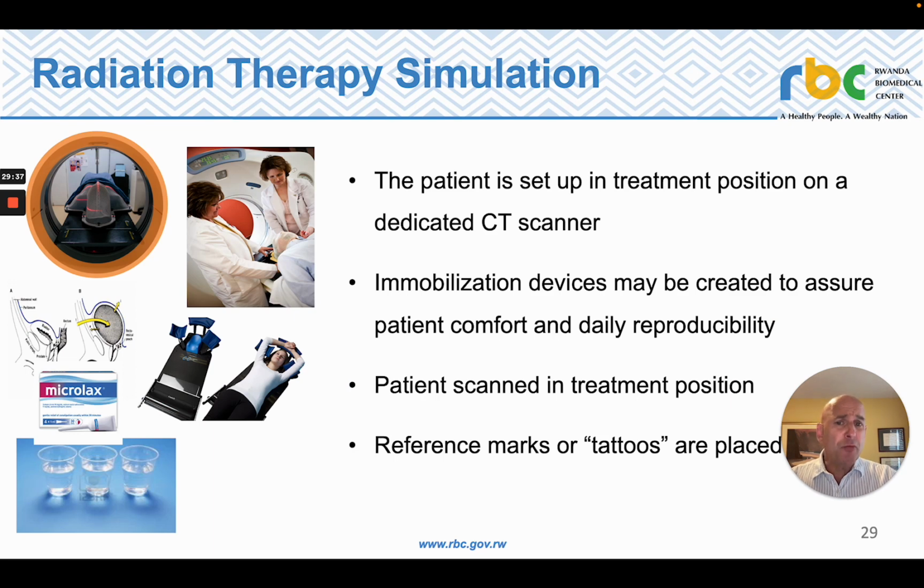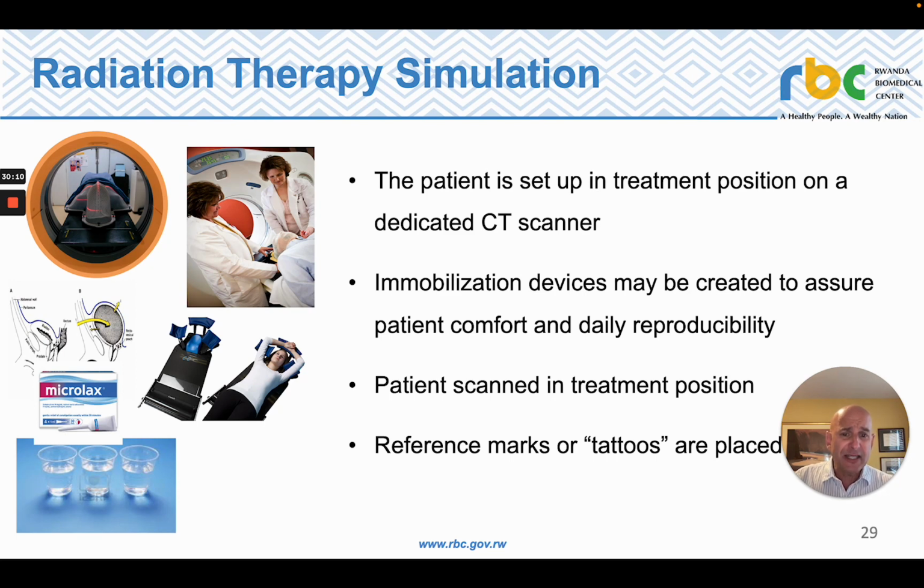At that point, the patient will be brought for the planning or radiotherapy simulation. At that time, the patient is set up in treatment position on a dedicated CT scanner. You may use different immobilization devices, and we do that to assure that the patient is treated in an absolutely reproducible fashion each day, in a comfortable fashion, but in a way that you can have millimeter or even, in some situations, sub-millimeter accuracy.